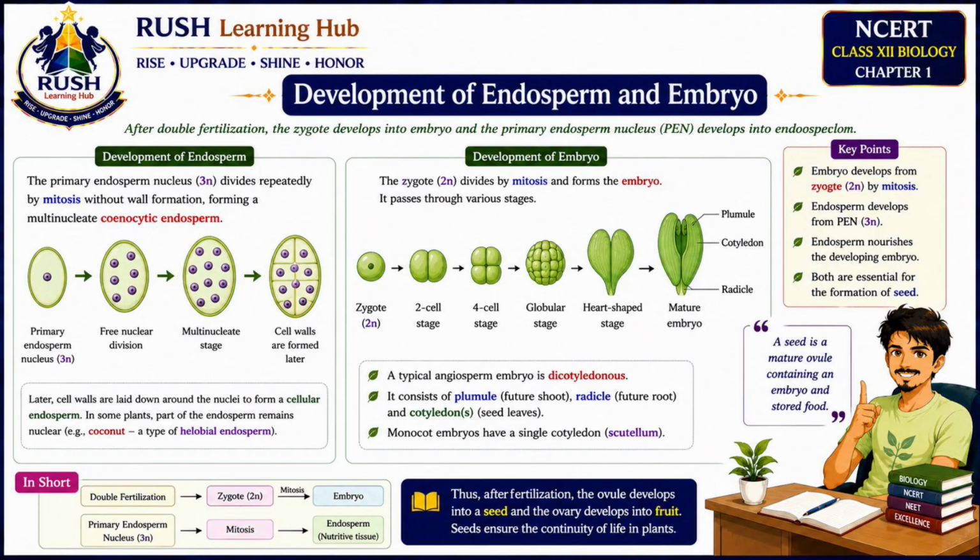The upper end of the embryonal axis is called the plumule, which develops into the shoot system, while the lower end is called the radicle, which develops into the root system. In monocot plants, the embryo possesses a single cotyledon known as the scutellum. Thus, after fertilization, the ovule develops into a seed, and the ovary develops into a fruit. The seed contains the embryo and stored food, ensuring the continuation of the plant life cycle.